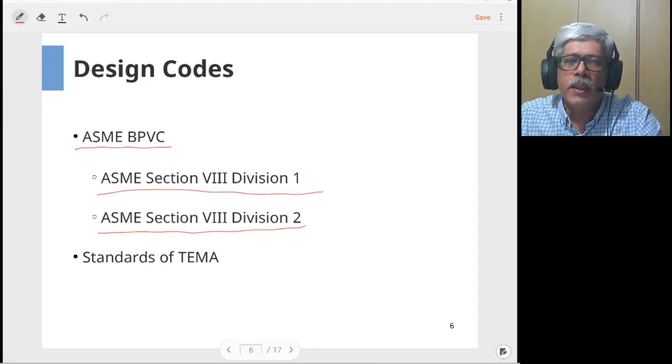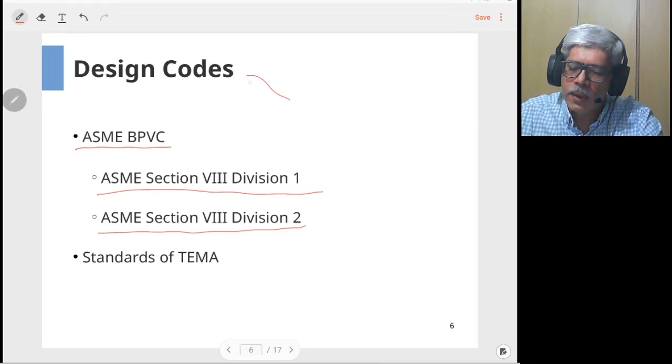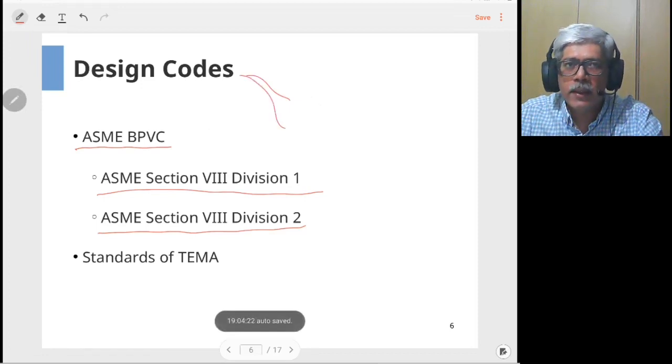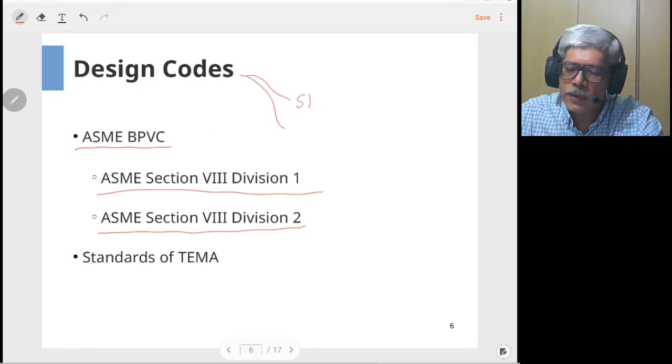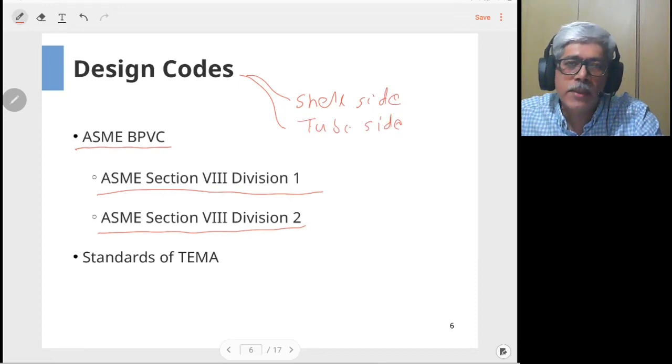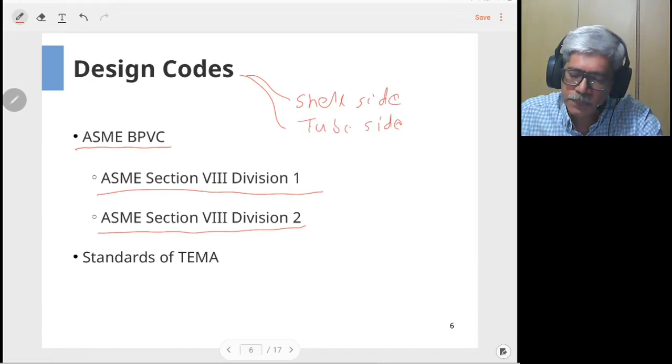Here you have to remember that the design code for shell side and tube side could be different. So two design codes are there in any heat exchanger. One code is for shell side and the other one is for tube side. So both these codes can be the same or they can be different.